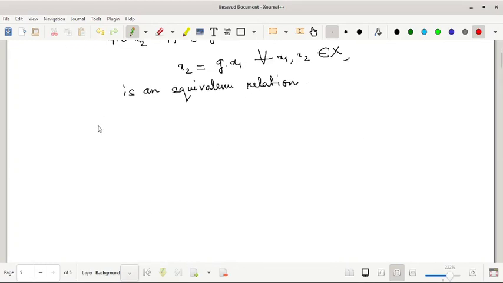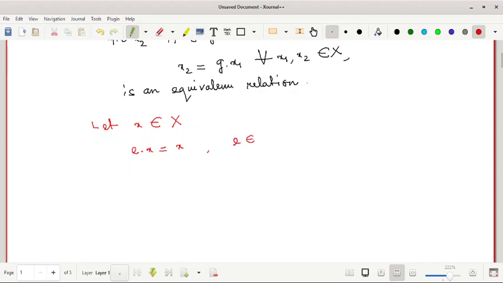How to show? Choose any x from X. I have to show x is related to x. We always know that identity dot x is equal to x, and identity is an element in G. So it proves x is related to x.